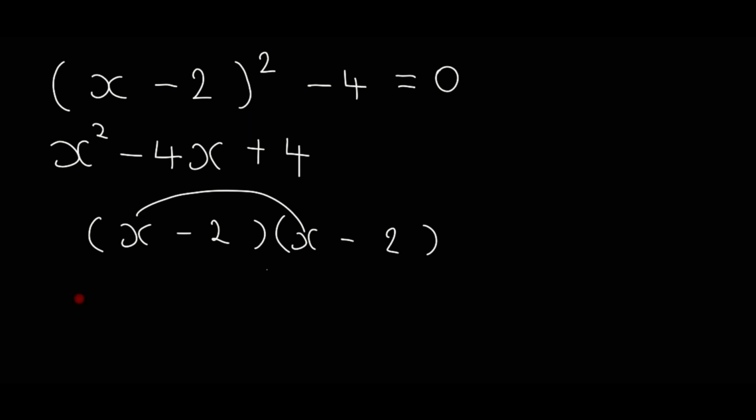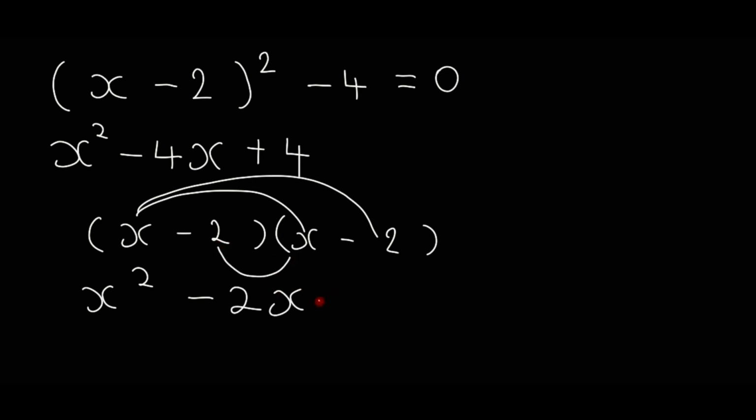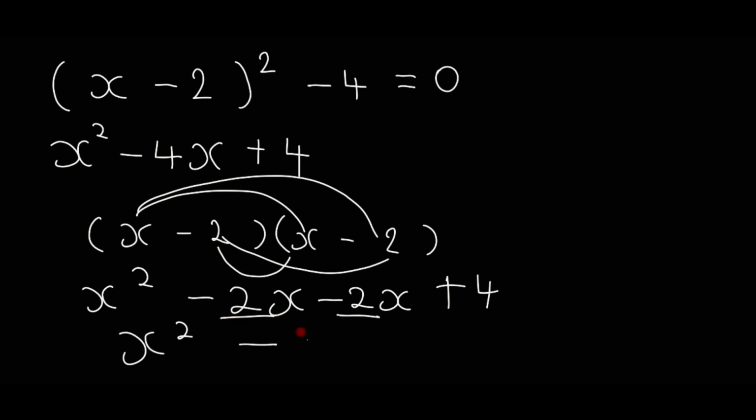So x times x is x squared, and then x times -2 is -2x, and then this one times this one is -2x, and then -2 times -2 is positive 4. From there we add the like terms: -2x and -2x is -4x.